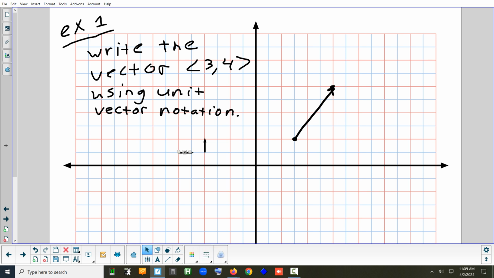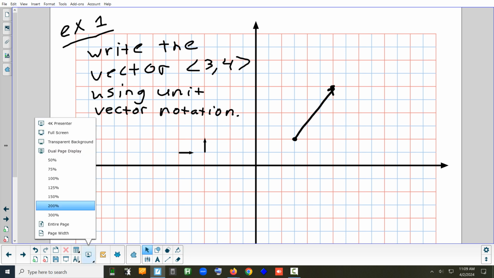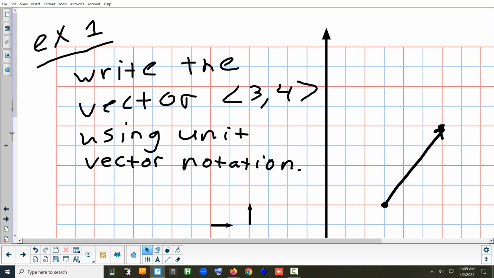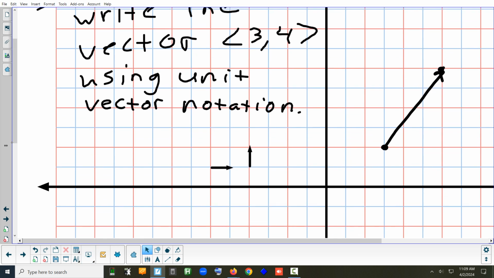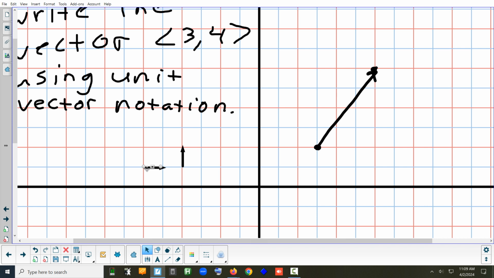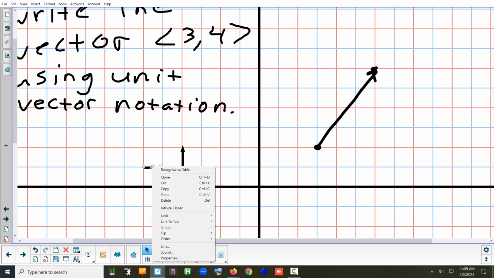So let's start with the i's. I'll zoom in a little bit. How many of these vectors do you need to stack together? If you start here and try to get yourself lined up with this, 3. Yep.